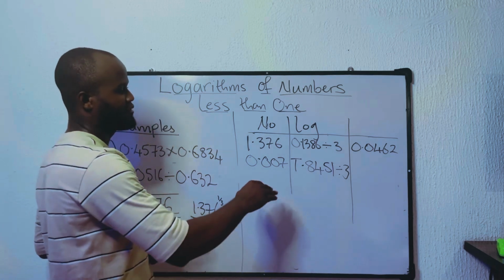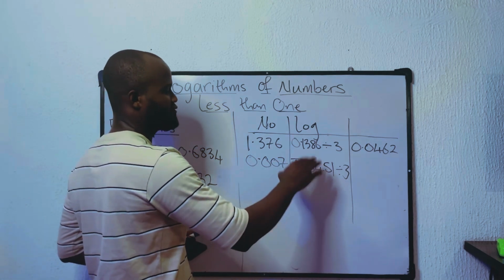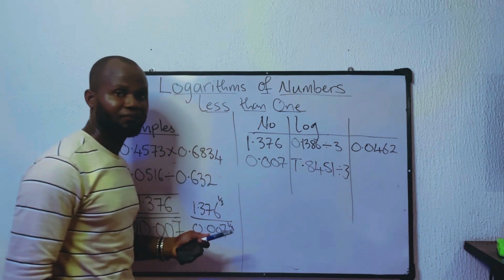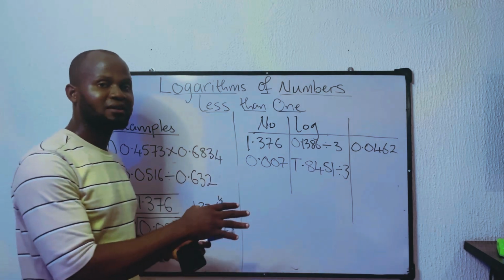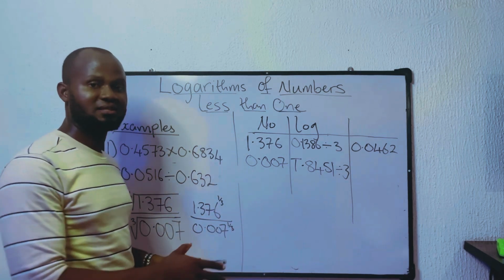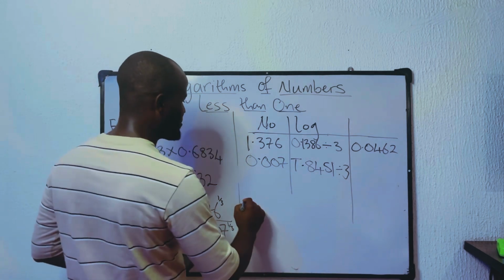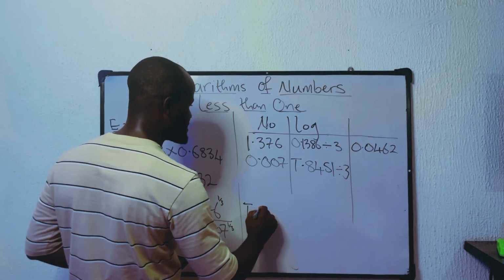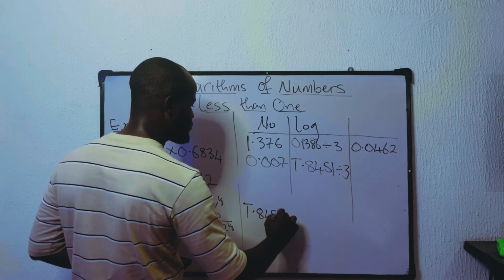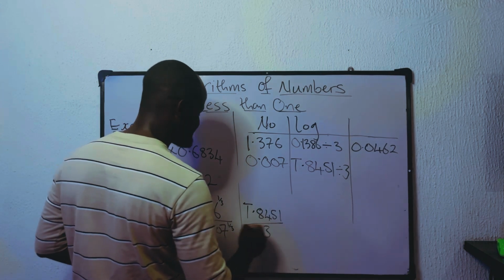But now you have bar 1.8451 divided by 3. So we are going to go to our rough work now. Just imagine this is going to be our rough work and see how we can work this out. Okay, so we have bar 1.8451 divided by 3.